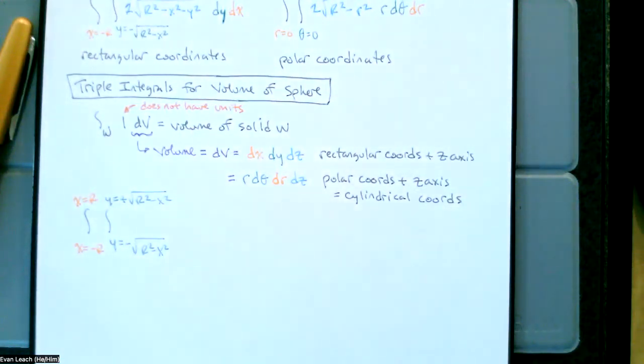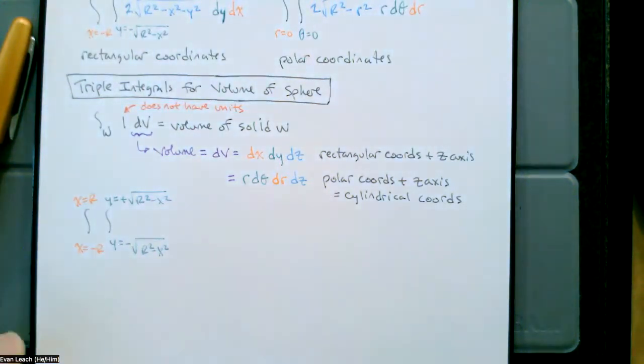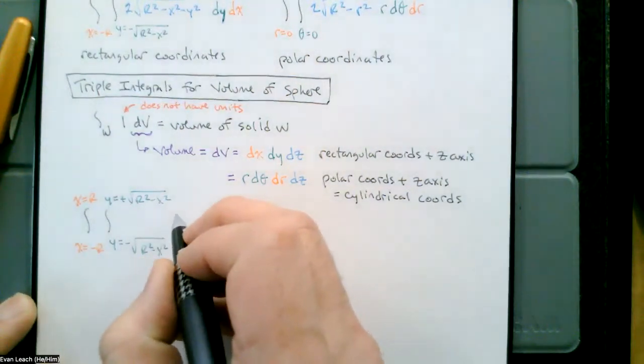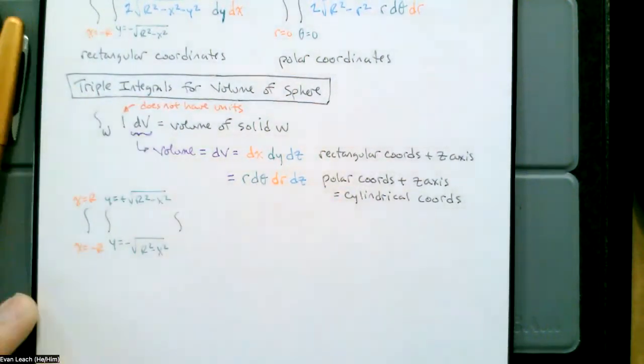Since we've already done the double integral, the thinking is the same. This 2 square root of r squared minus x squared minus y squared came from taking the top square root, the positive square root, and subtracting the negative square root. That's why we had 2 of them. So the bottom of this, the z, is the negative square roots. The top is the positive square roots. This is how we came up with this expression in the first place.